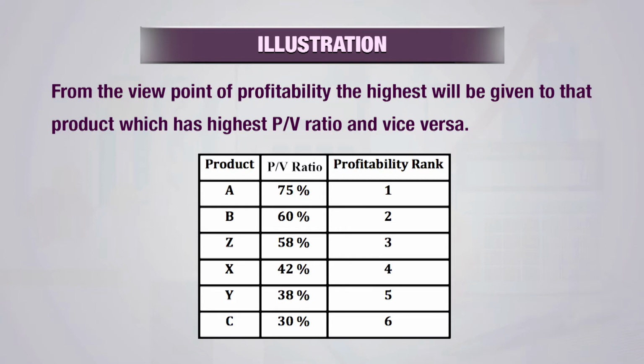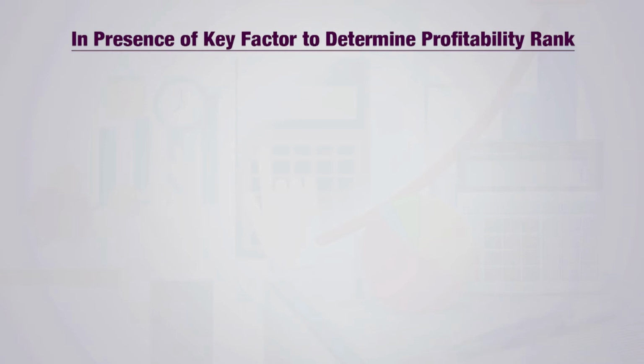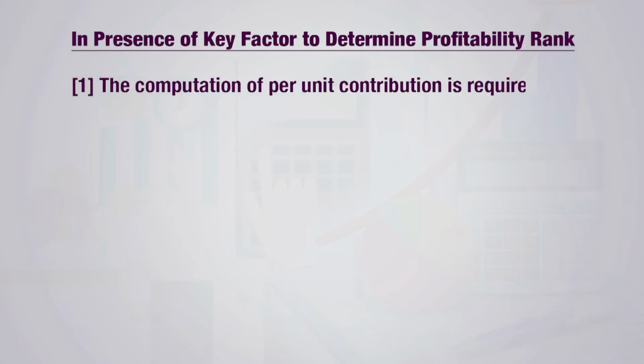However, when more than one product is produced and a key factor exists, profitability rank determination based on PV ratio is not workable. Here, due consideration is to be given to the key factor. In presence of key factor, to determine profitability rank: number 1, the computation of per unit contribution is required.